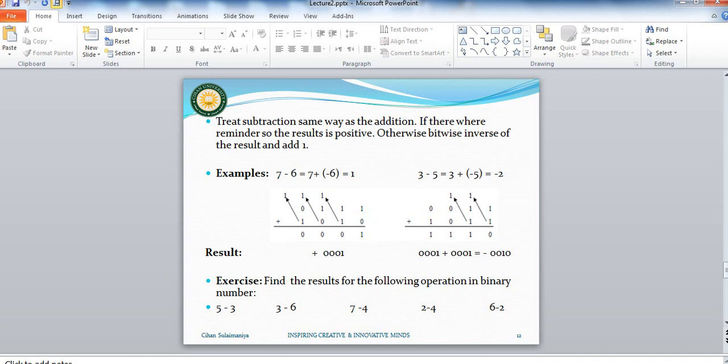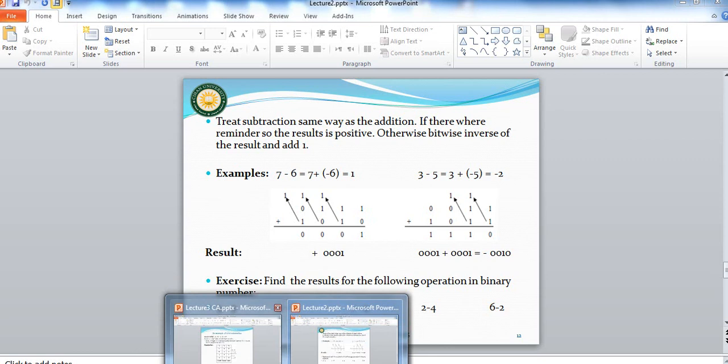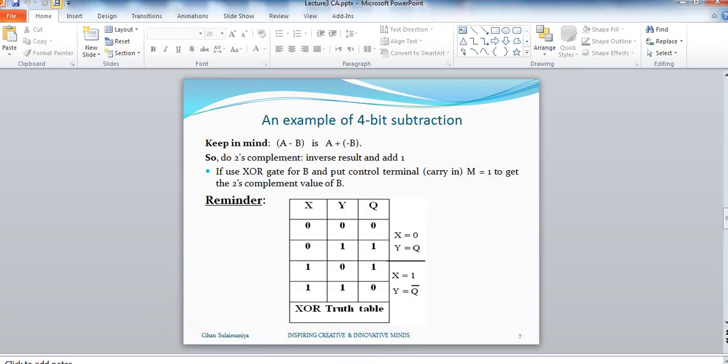So I will go back to the slide again for the subtraction, and I want to remind you about the truth table for the XOR gate before I proceed, because it's related. I'll show you how. If you have X and Y, this is the truth table of course for the XOR gate.